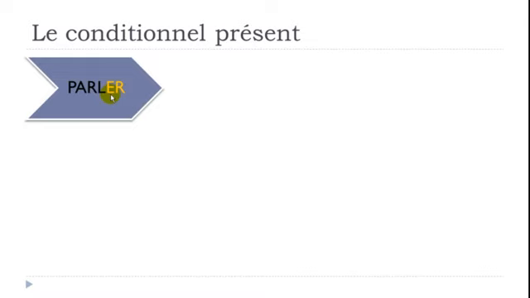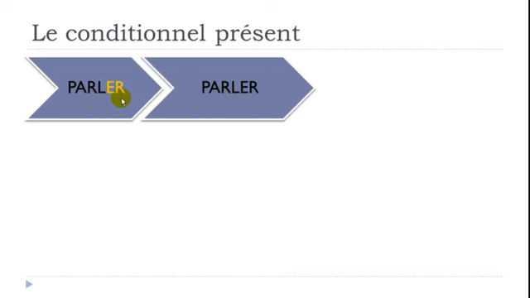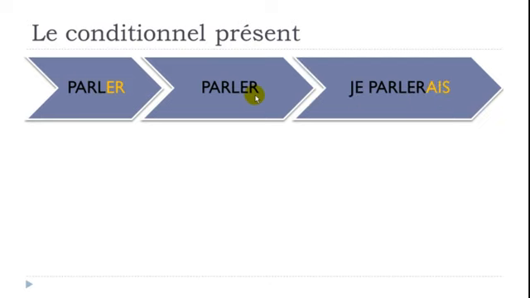So you don't have to change your verb. So parler is like that. You will keep it like that, and based on this form, after that you will add the endings, okay? And for je, the ending will be AIS, okay? So you don't need to modify your infinitive form.